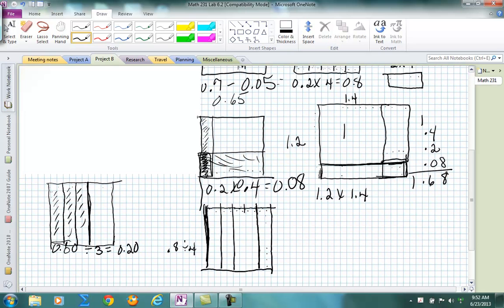And so now I have 1, 2, 3, 4 equal parts, and that gives me 2 tenths in each part.